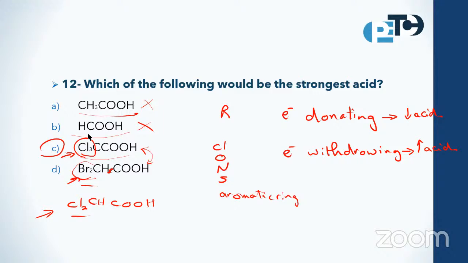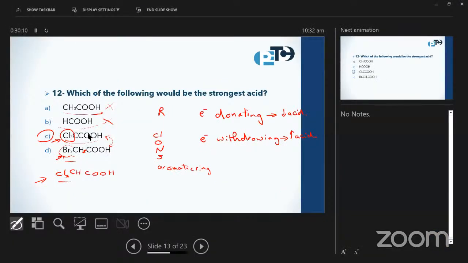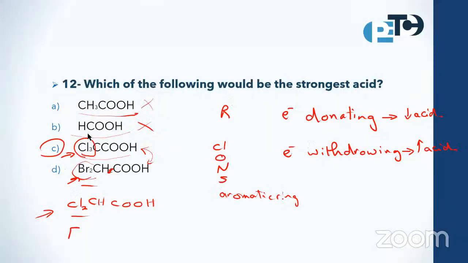What about fluorine? Fluorine is also more acidic than chlorine. This is the order of electronegativity: fluorine, chlorine, bromine, and then iodine. Sir, if tribromo is there, meaning the number of bromine atoms is increased, then it will be the right answer.